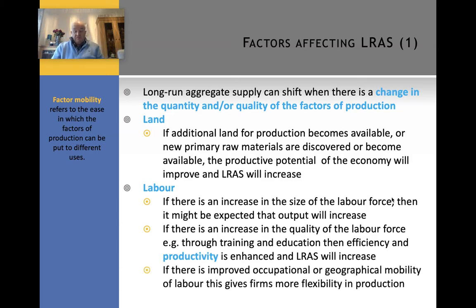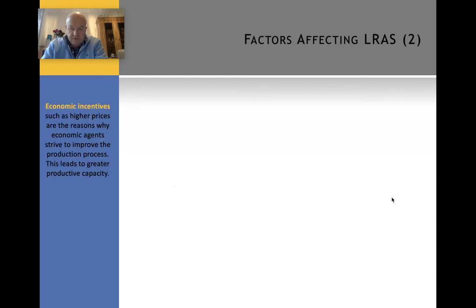In addition to that, if we think about other ways in which labour might be improved, if we've got improved occupational and geographical mobility, then that clearly gives firms more flexibility in production and hopefully a larger labour pool to choose from. So there are some factors that affect LRAS. There are some more, as we'll see in a minute.